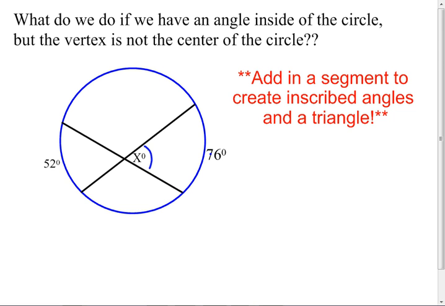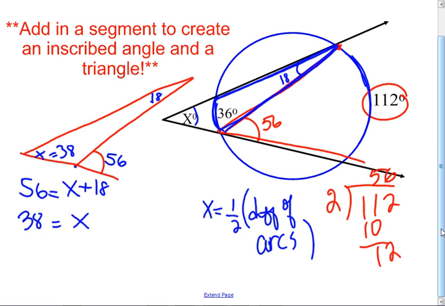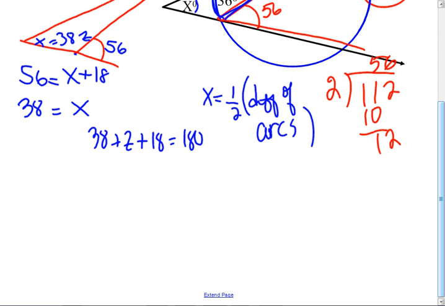But let's do it. This is the exterior angle theorem. Call that Z. 38 plus Z plus 18 equals 180. See how I want to do this?